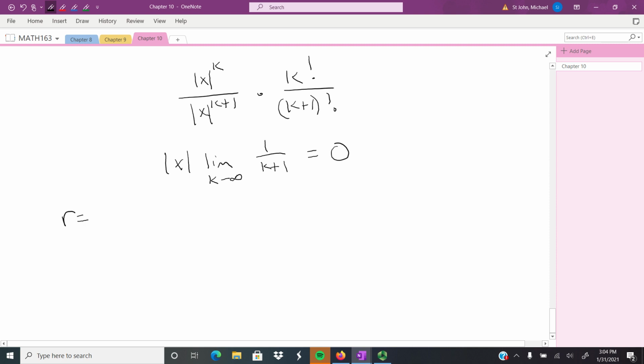So r is going to equal 0, and so the series converges for all values of x.